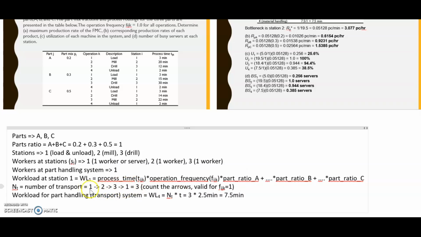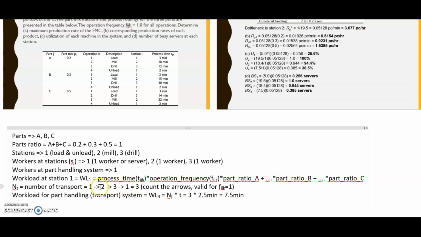The path goes from station 1 to station 2, then to station 3, and lastly back to station 1 for unload. So 1 is loading, 2 is milling, 3 is drilling, and the last one is unloading.